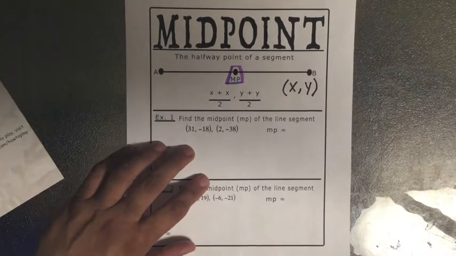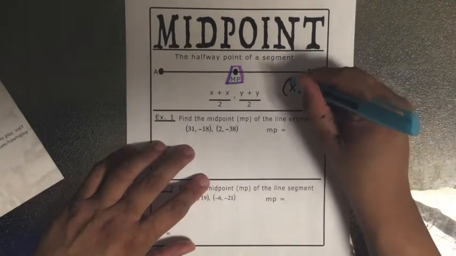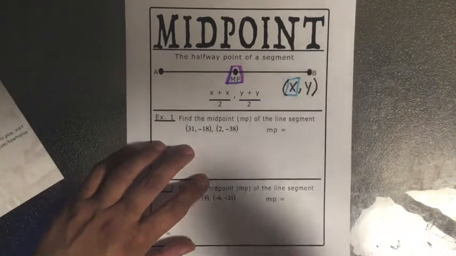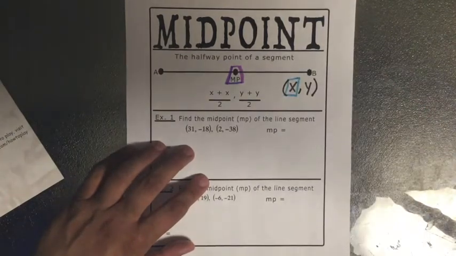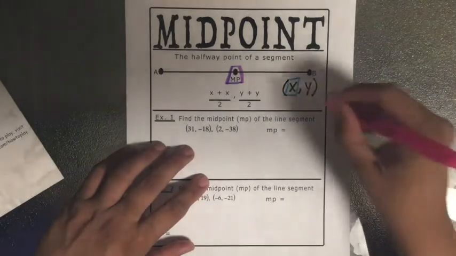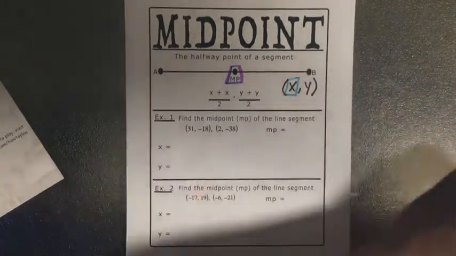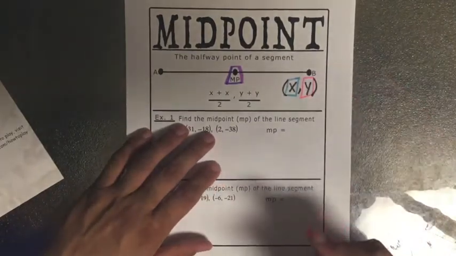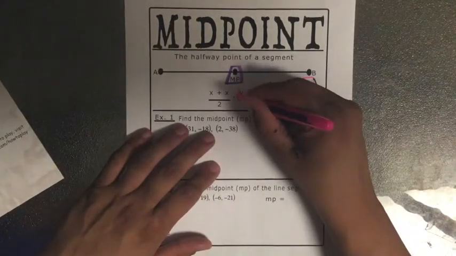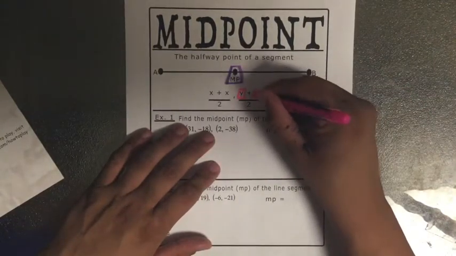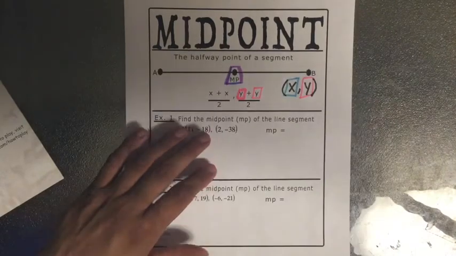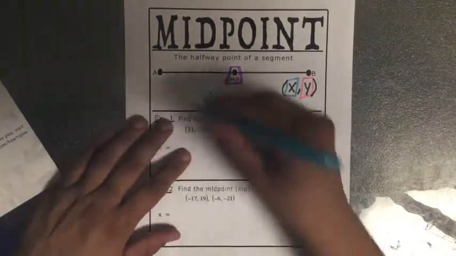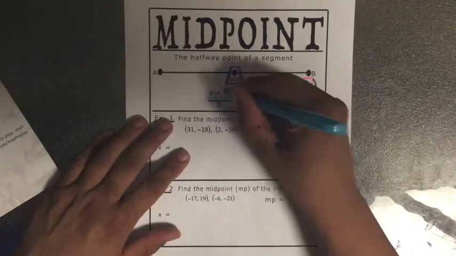So let's make our x's in blue, and let's make our y's in pink. So I'm going to make the y's in pink now, since I already have the marker here. And I'm going to make the x's in blue.